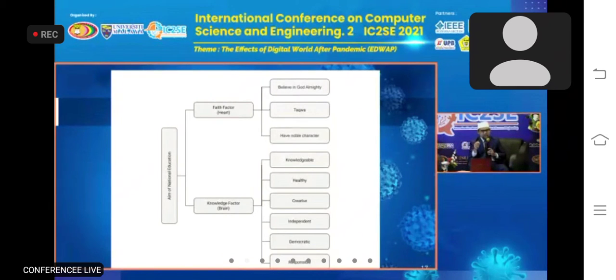So national education puts these two factors as a unity. So it means that national education has to include both factors, iman factor and knowledge factor. So, okay, next slide.